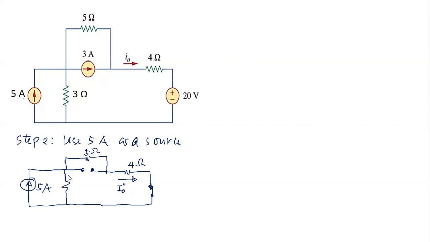Since it's an open circuit, the current I/O is also the current flowing in the 5 ohm resistor, meaning the 5 and the 4 are now connected in series. So we simplify the circuit like this, so that it gives us a hint how we are going to solve for the unknown.